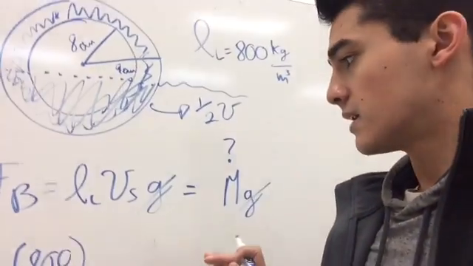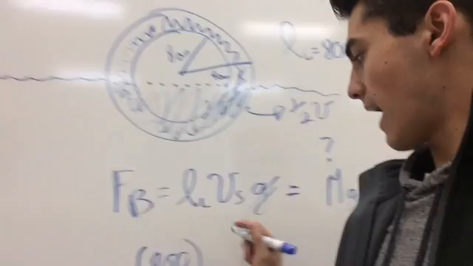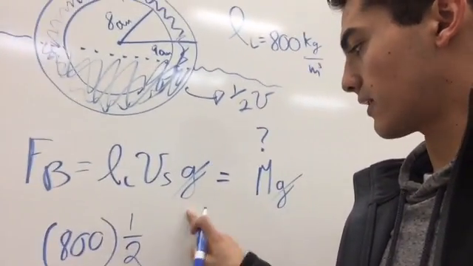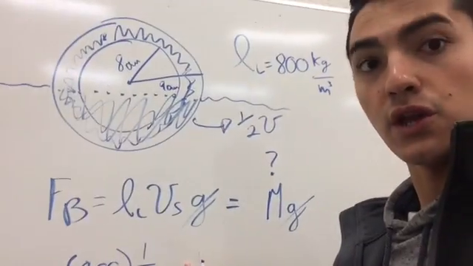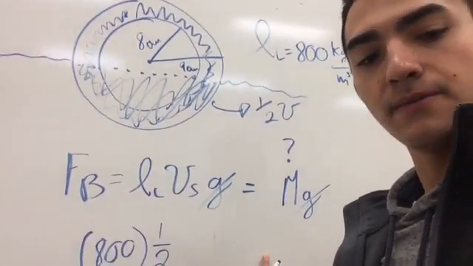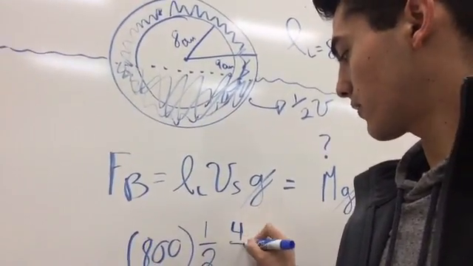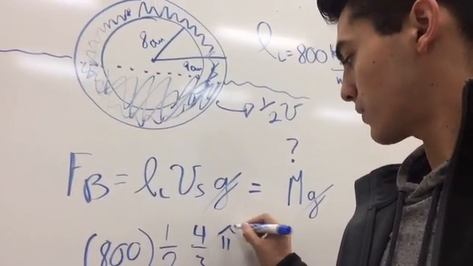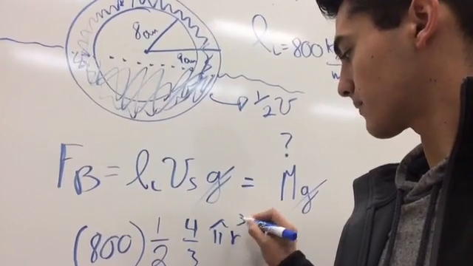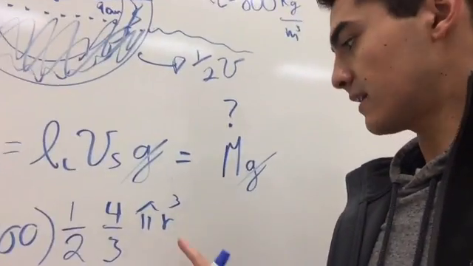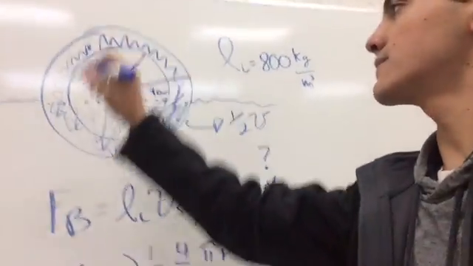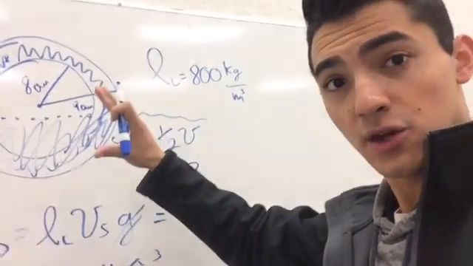Then we write the formula for the volume of a sphere, that is 4/3 pi radius cubed.